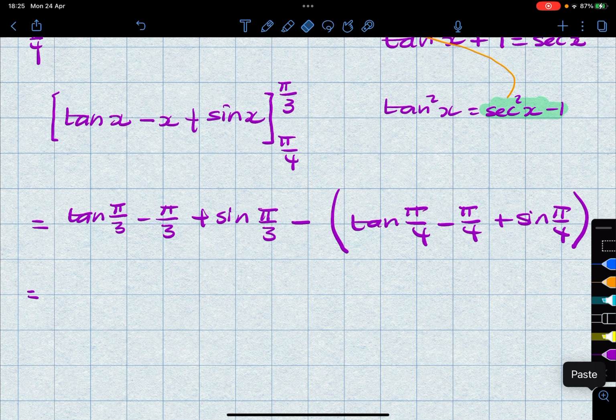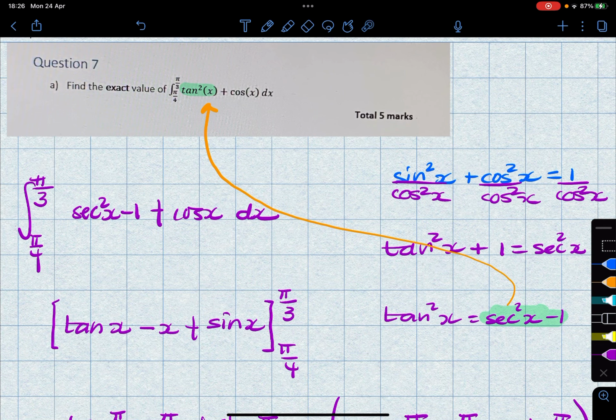So I put that in my calculator, and it didn't give me an exact value. So that isn't helpful. I guess we're going to have to do it the long way, because the question did ask for an exact value.